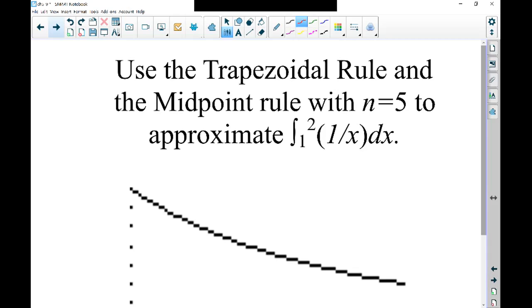And then we're actually going to compare that to the actual, because we can take that integral, right? What's the integral of 1 over x? Natural log of x. Yep. So we can compare our approximation with an actual value.